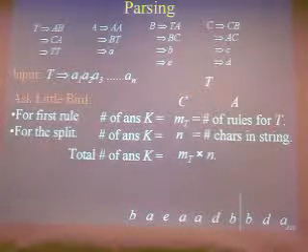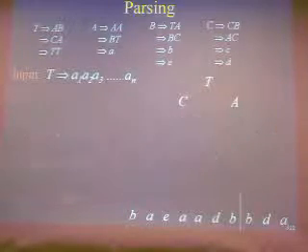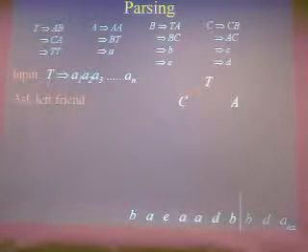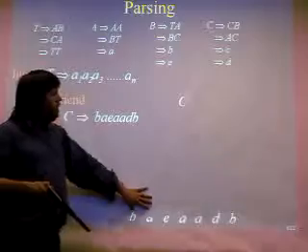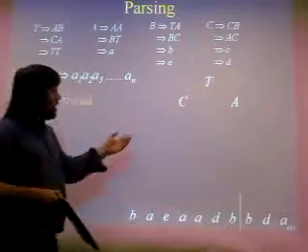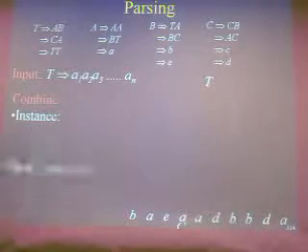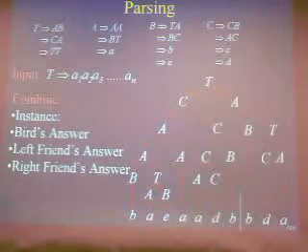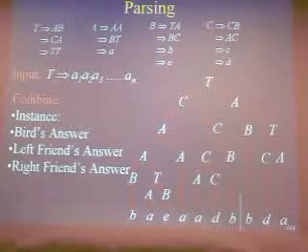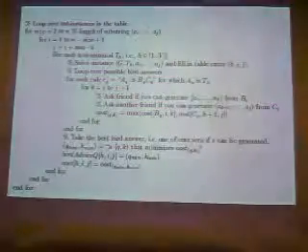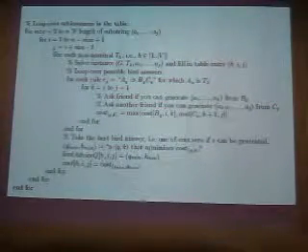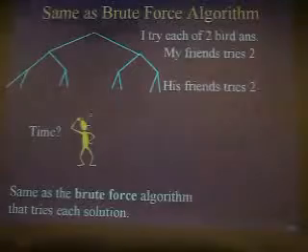Not a big deal, it's still polynomial time. She gives us that. Then we give this to our one friend who gives us the answer, and then we give this to the other friend who gives us the answer. And then our answer is the combined. Everybody got that? Pretty nice. And there's the code.